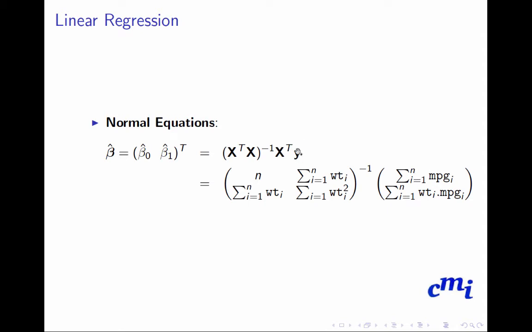X transpose y will give me, as the first element, the summation of mpg, and the second element will be the cross product of weight and miles per gallon. And you solve this, you calculate the inverse of this matrix and do the matrix multiplication, then the resulting solution will be the OLS estimate of beta naught and beta 1.